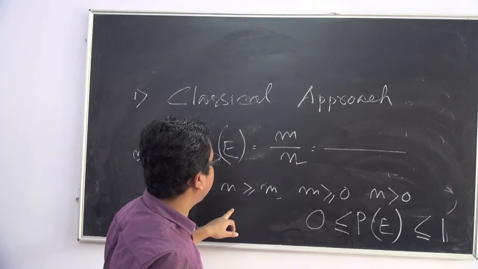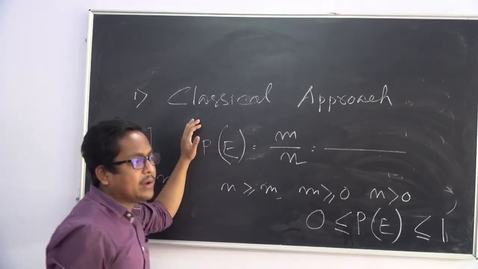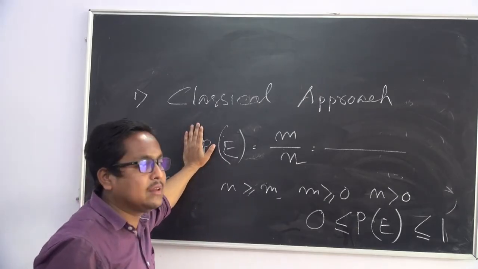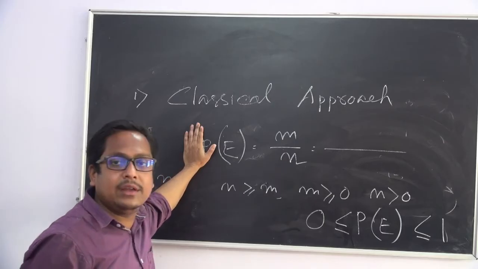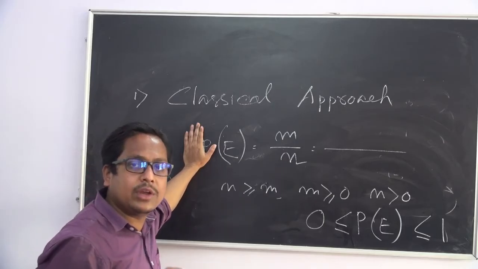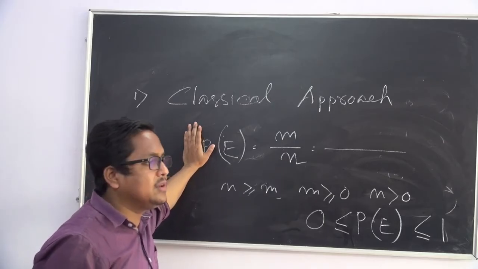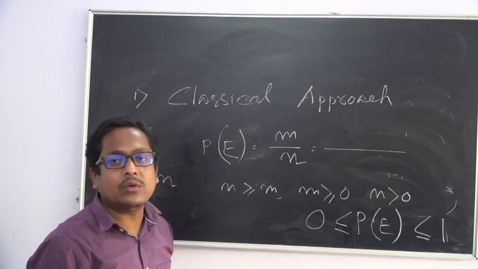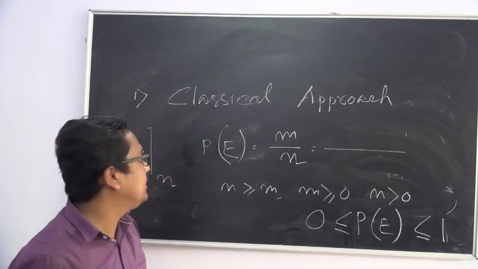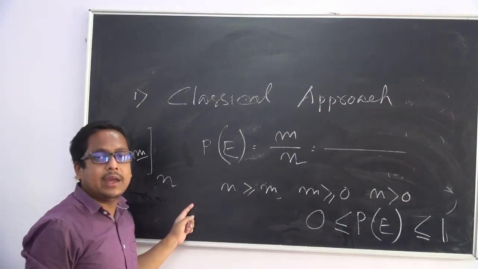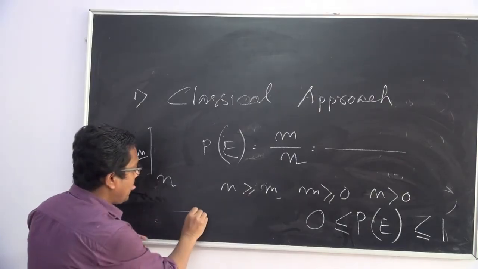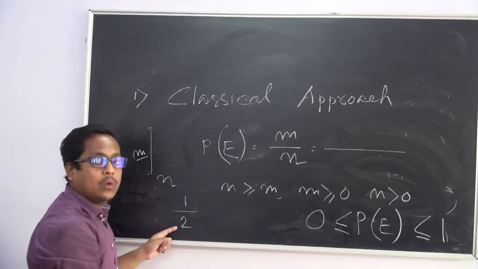Now see, this is also called the a priori approach, since before conducting any experiment we are able to calculate the probability. Suppose we toss a coin, then the probability of getting a head is half. Why?